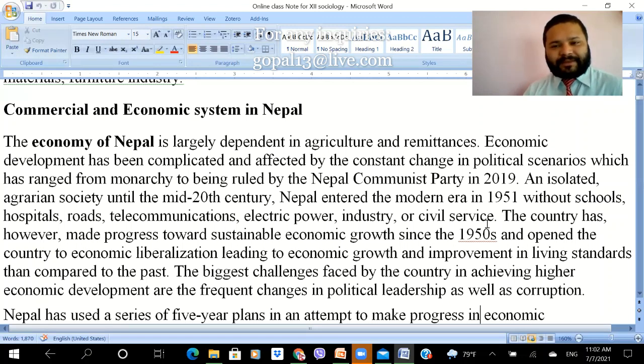The economic instability, the political instability has led to the failure of all the systems, right? So in the 1950s it opened to liberalization, leading to economic growth and improvement in living standards than compared to the past.